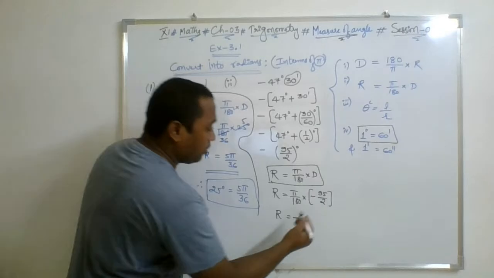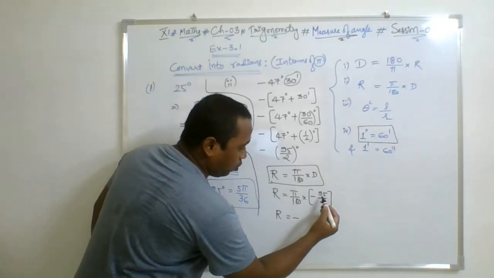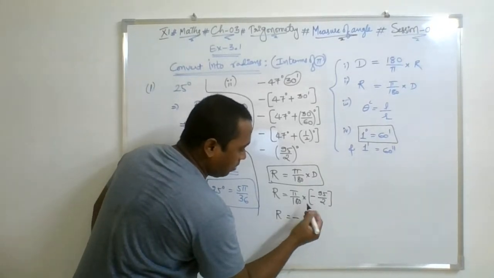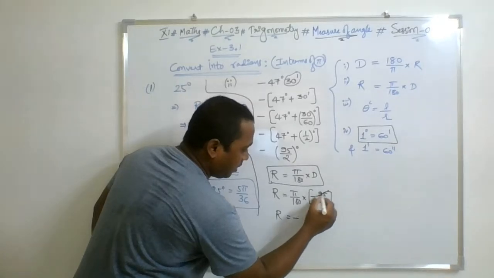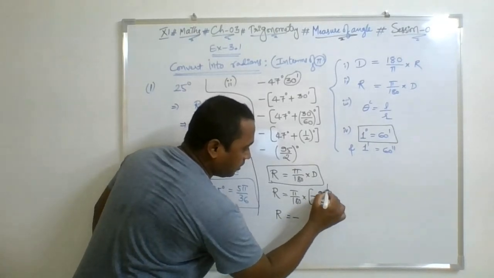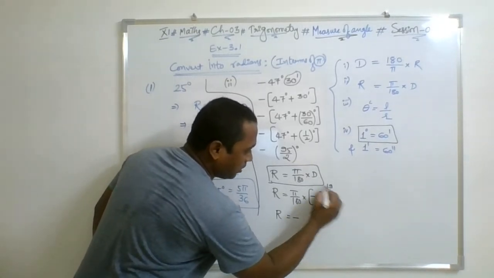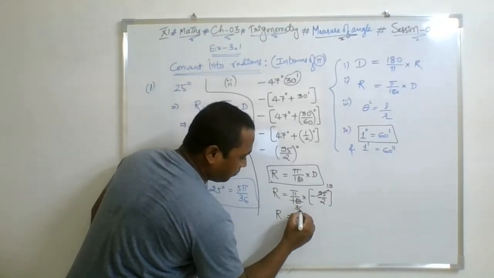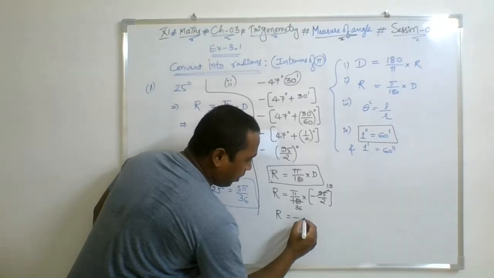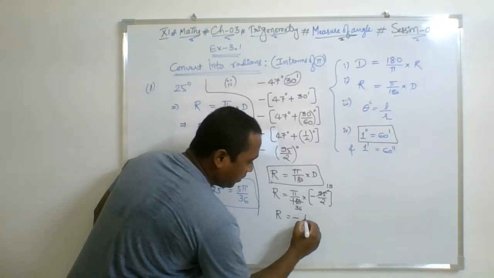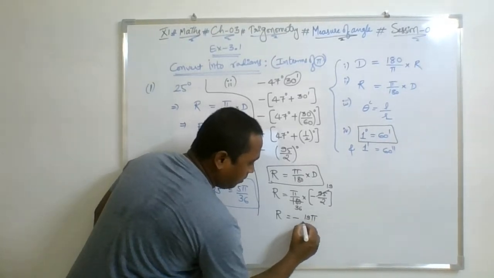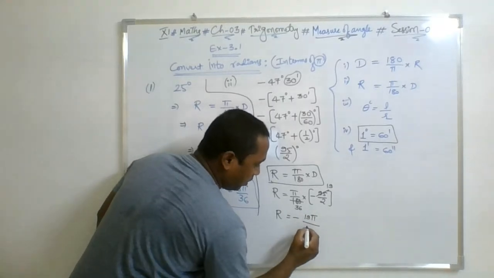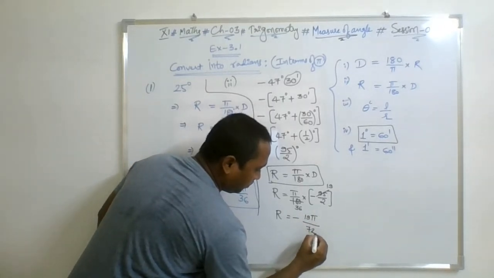Here 5 ones are 5, 5 nines are 45, 5 thirty-sixes are 180. So finally I get 19 pi by 36 twos are 72.